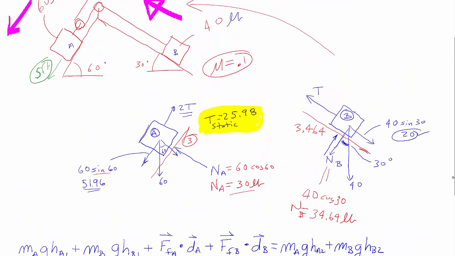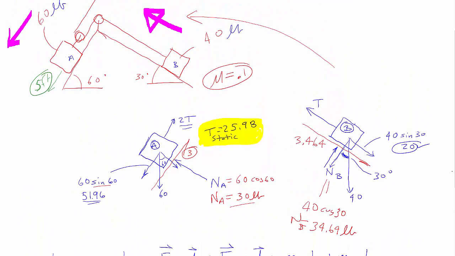Now I can start looking at these things. Here it really doesn't matter if block A moved down 5 and it was a triangle that looked like this, where this is 60, then this is the height we moved to.